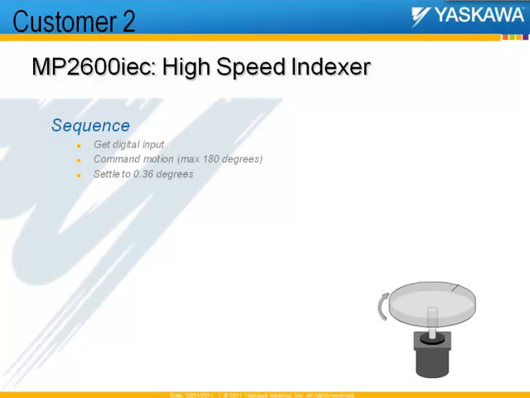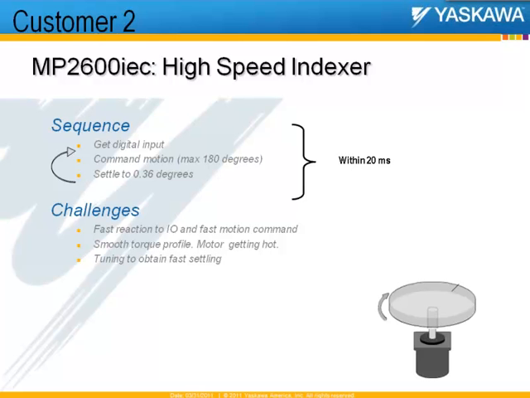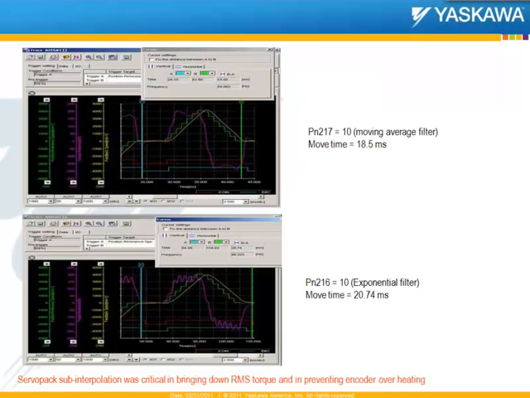So reducing RMS torque essentially reduces motor heat in the whole machine. The second customer example I'd like to show was a high-speed indexer, which needed to get a digital input, command motion immediately, and settle to within 0.36 degrees within 20 milliseconds for the next input to come through and the next motion to start. The challenge was tuning to get a fast reaction and settle within very short periods of time without making the motor too hot, without high RMS torques.